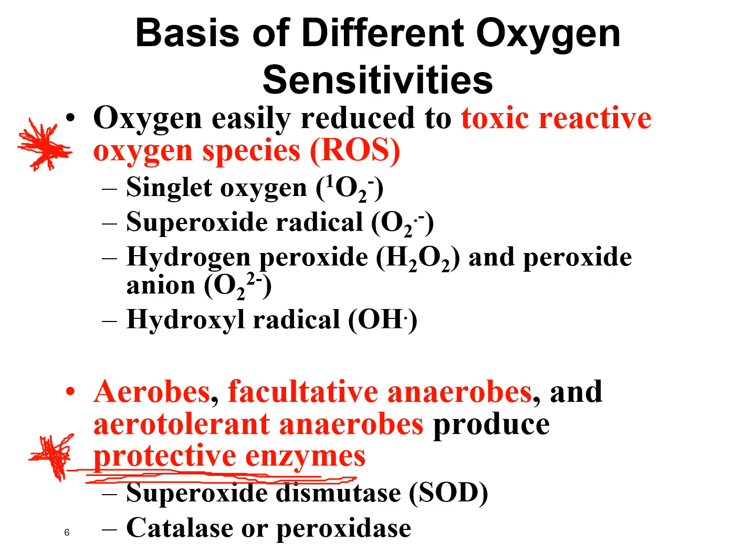Okay, you don't need to memorize the names of these protective enzymes that actually get rid of these reactive oxygen species, but they are around, and we even make these protective enzymes, and that's how we're able to tolerate oxygen and not get killed by it.